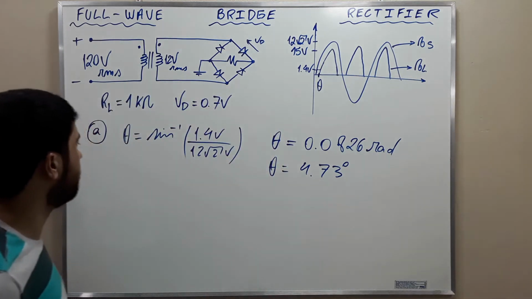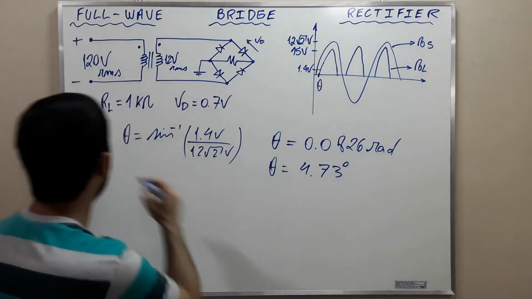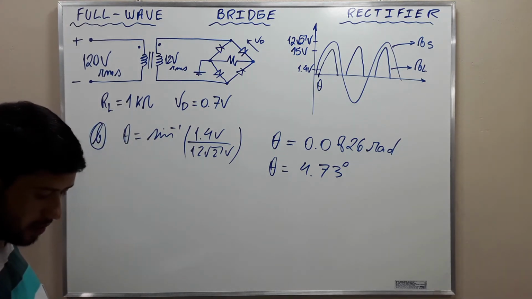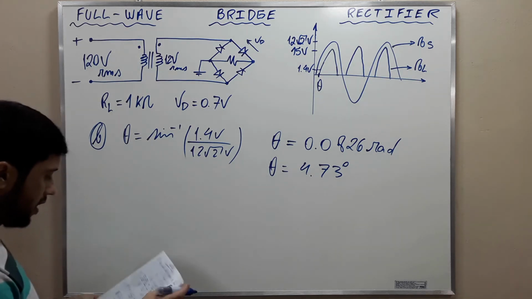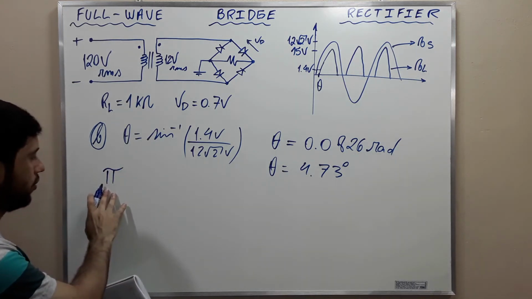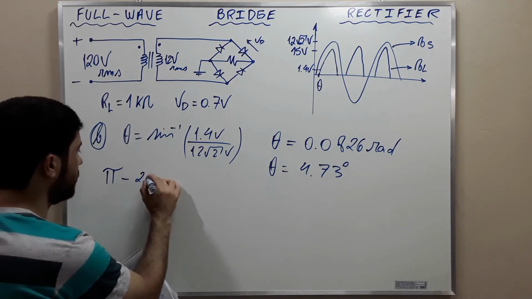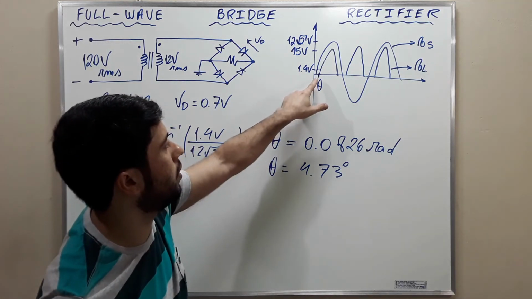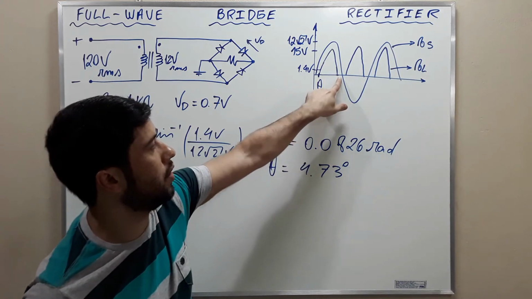And now for letter B, letter B wants us to calculate the fraction of the cycle the diode conducts. The fraction of the cycle will be pi, which corresponds to 180 degrees, minus 2 times theta, because here there is a small gap that the diode doesn't conduct, and here as well.